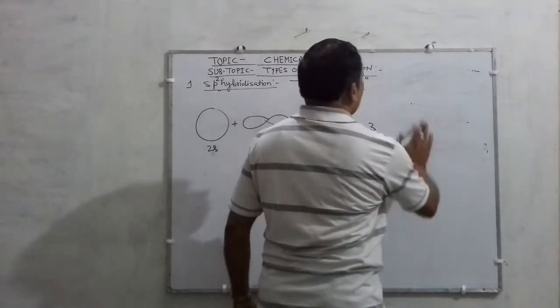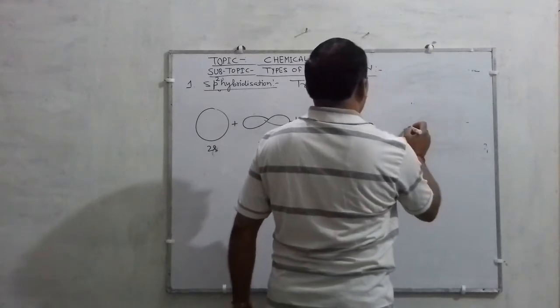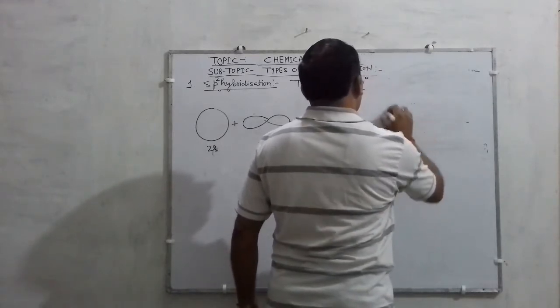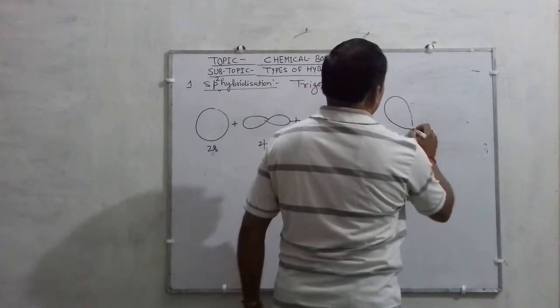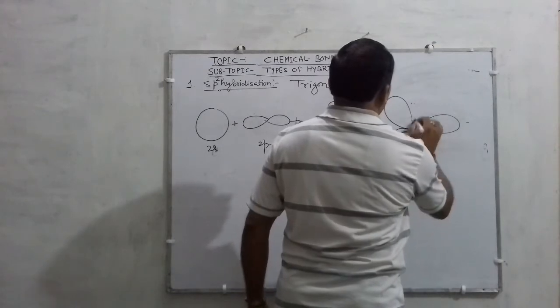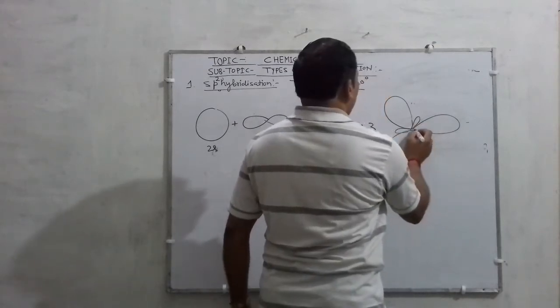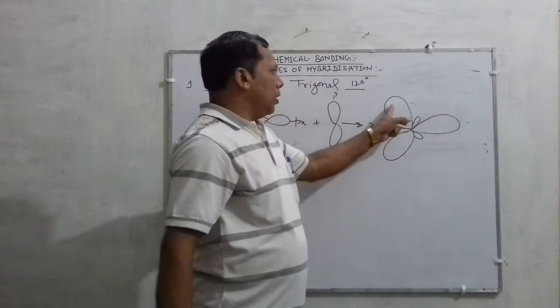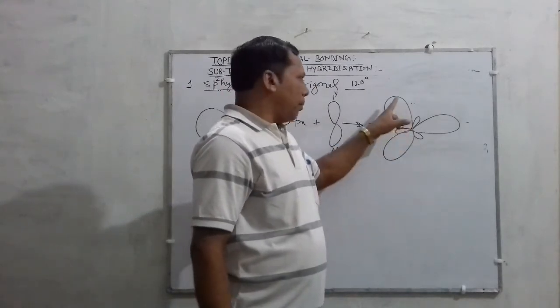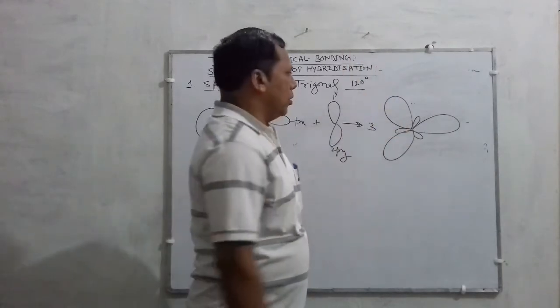Then the hybridization is called sp2 hybridization, and they hybridize in such a way. As you know, in the case of hybridization, two lobes are formed. One is a large lobe, the other is a small lobe. So bonding always takes place in the large lobes.